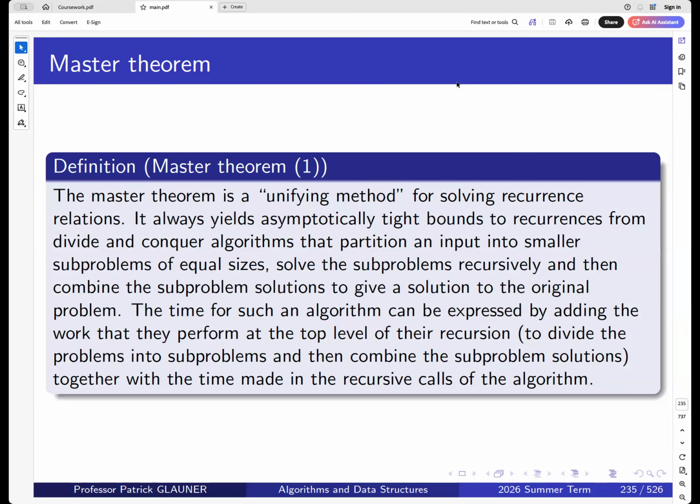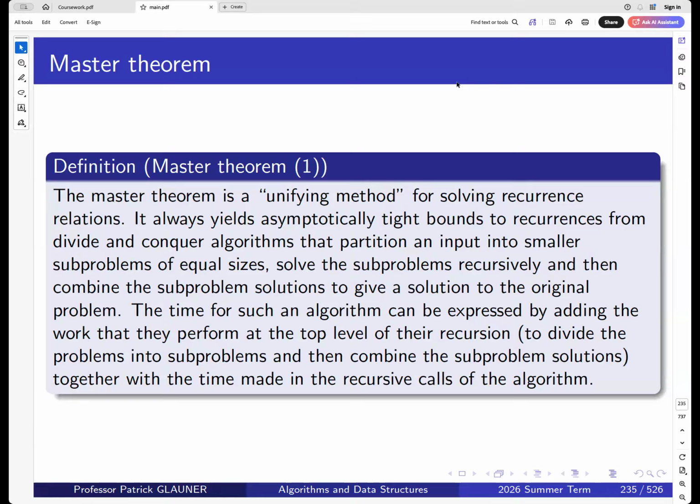Yet, we will now see one approach that is called the master theorem. With that approach, we can solve a certain type of recurrence relation much more easily. The idea of this master theorem is that it's a unifying method for solving recurrence relations, not every possible recurrence relation, but at least some of them.